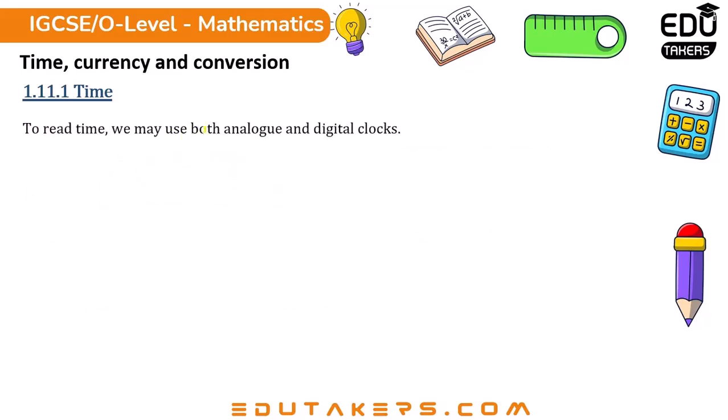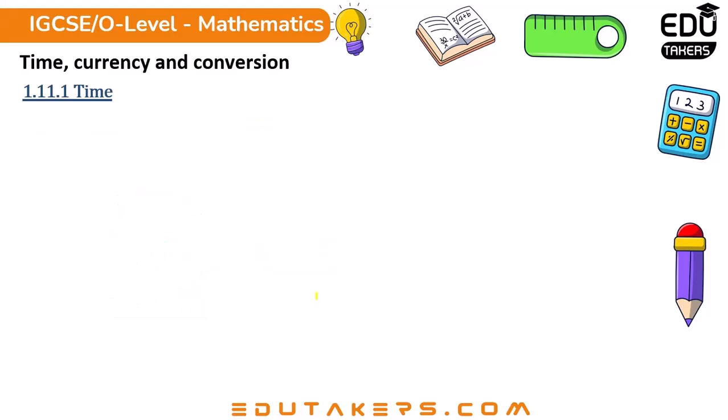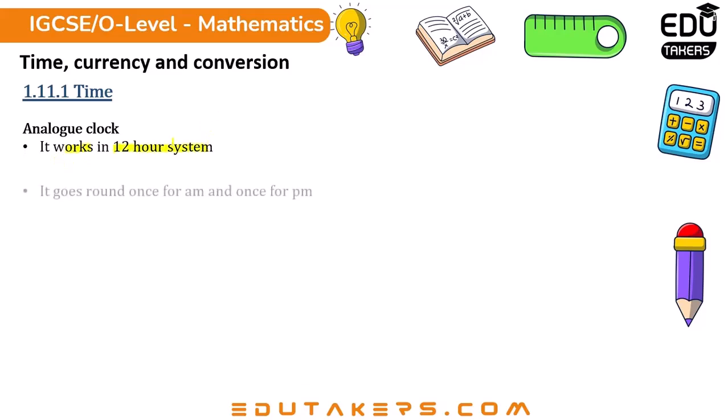To read time, we may use both analog and digital clocks. Such type of clock is known as analog clock, and such type of clock is a digital clock. Analog clock. It works in 12-hour system.